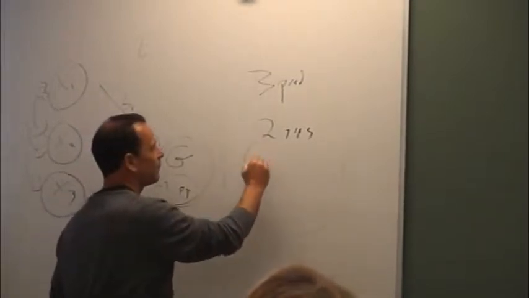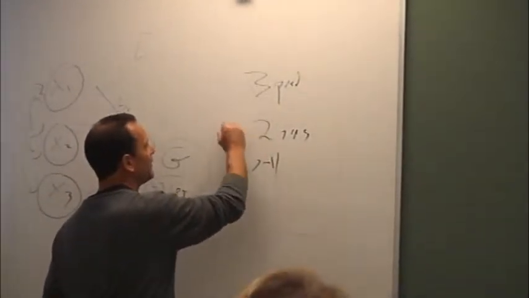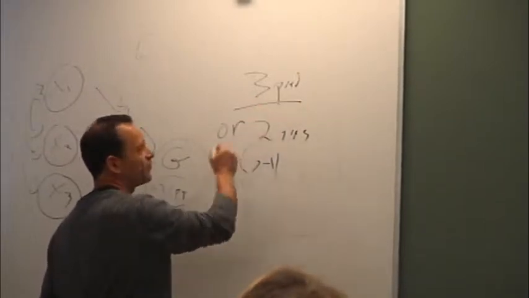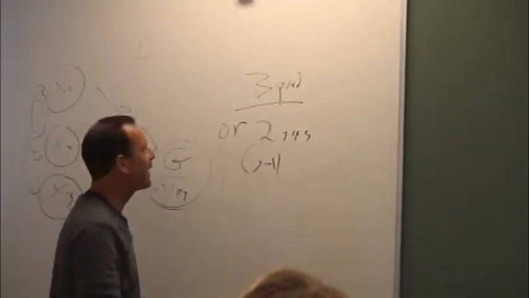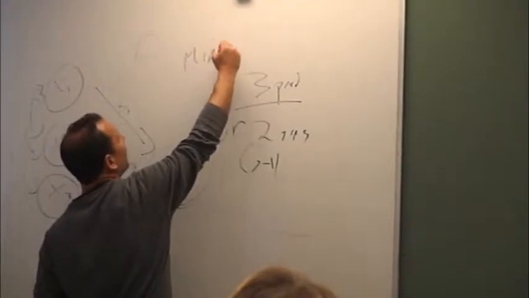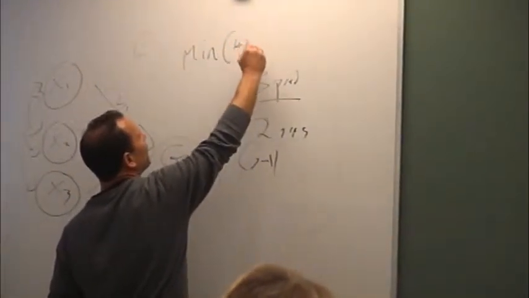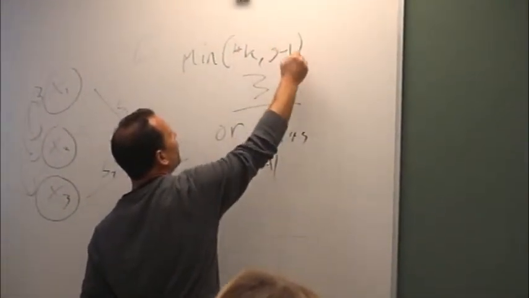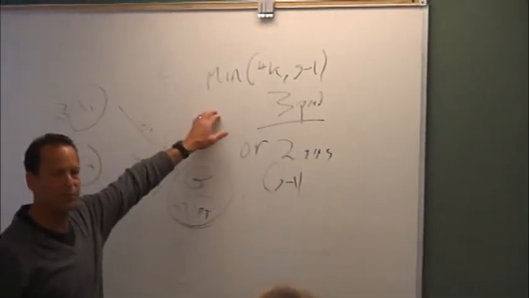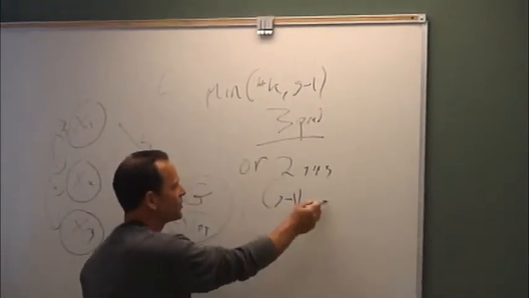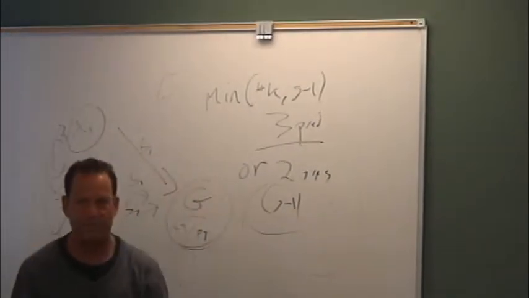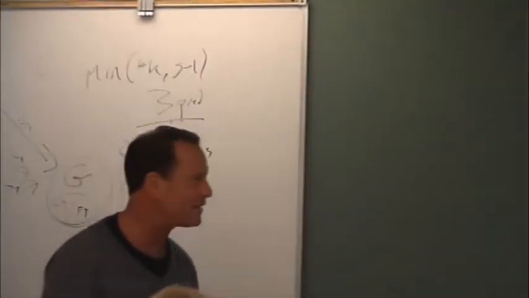Minus one. Right. It's the minimum of k predictors or g minus 1. Minimum means the minimum of those. So if I have two groups, guess how many functions you're going to have? Just one, which will make life very easy for you.